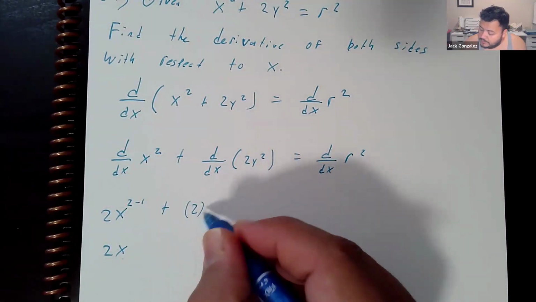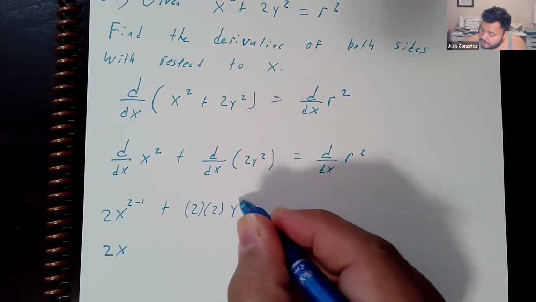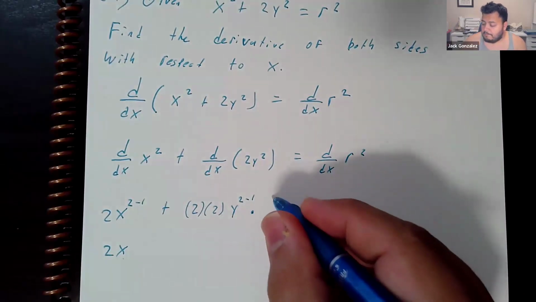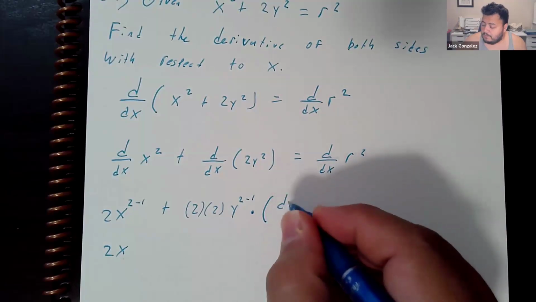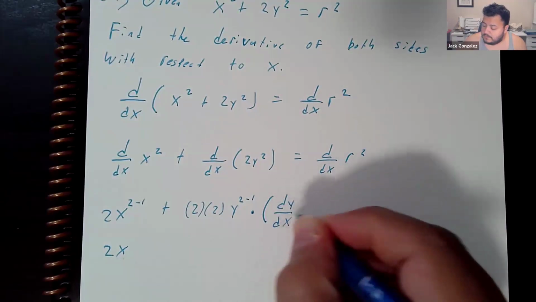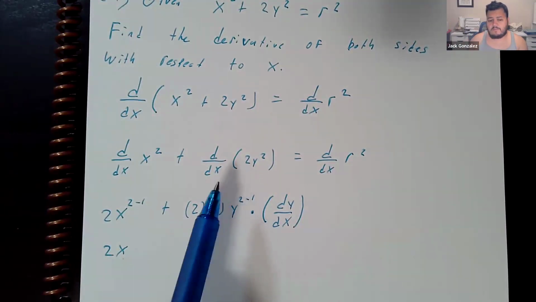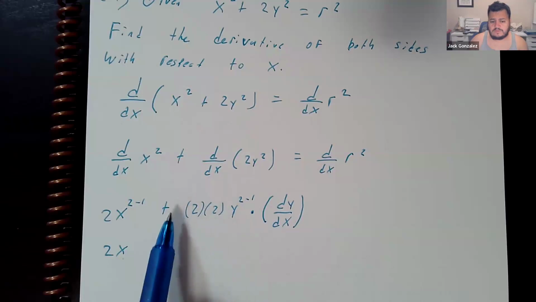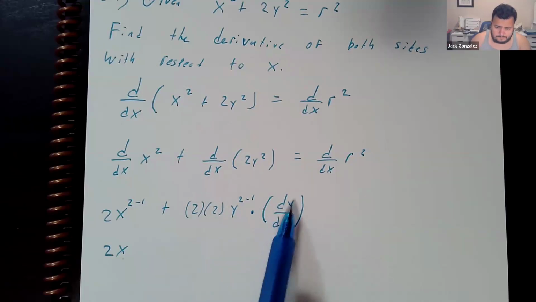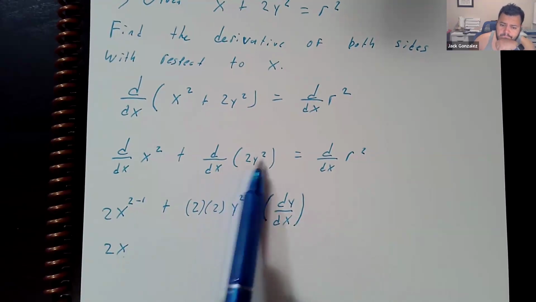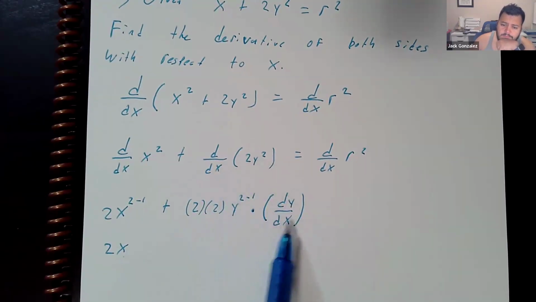Bring down the 2, subtract 1, but then you have to multiply by dy dx. So think of it as a chain rule. You do everything the same, but tack on dy dx. Whenever it doesn't match up, simply put this piece there.